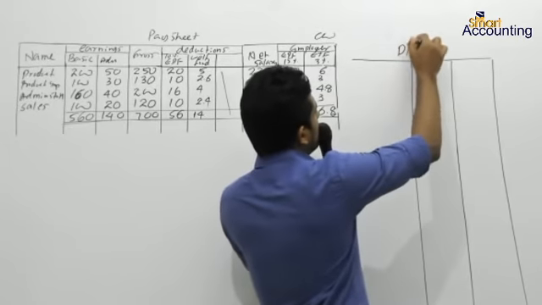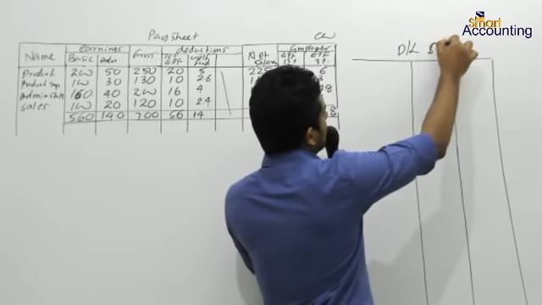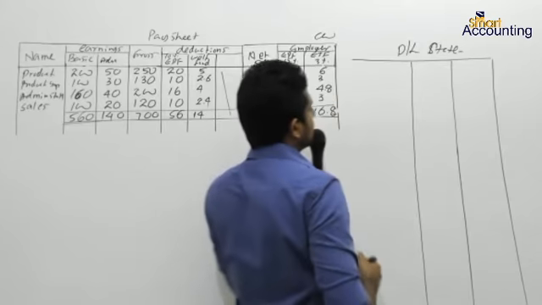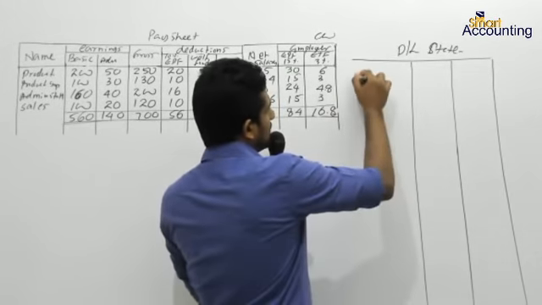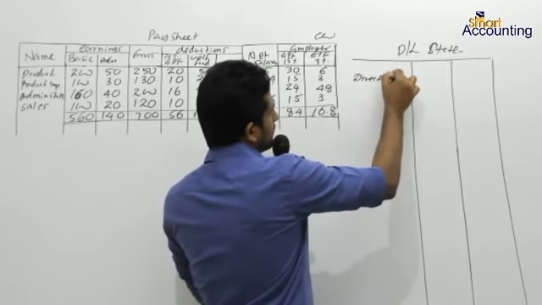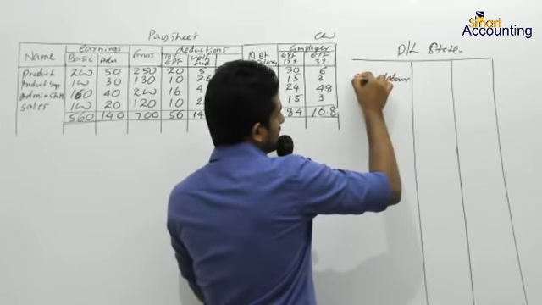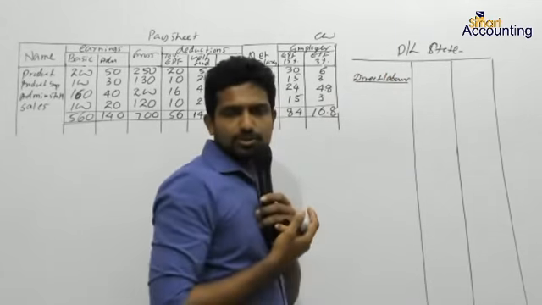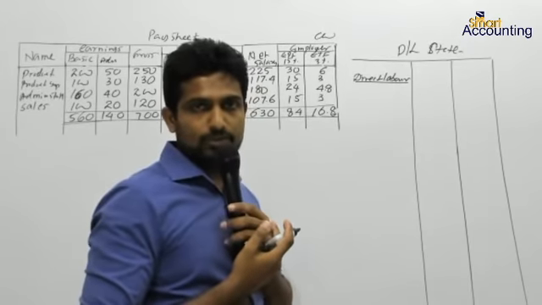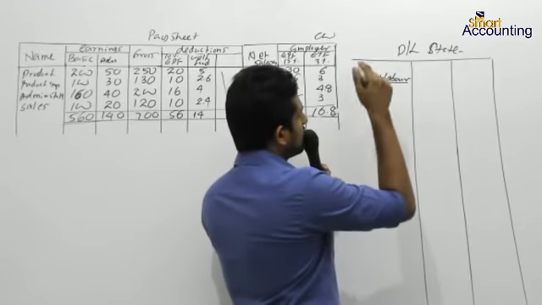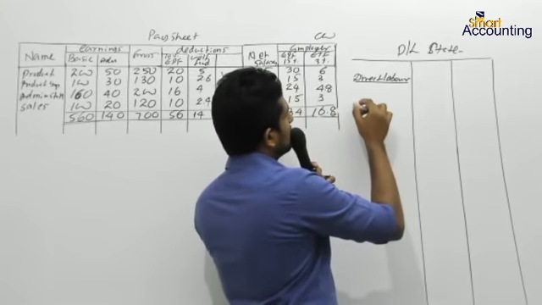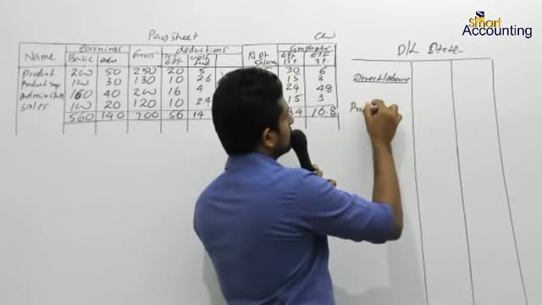If this is your profit and loss statement, in the manufacturing account, you know, the direct labor is there. In the manufacturing account, you show the direct labor cost. In the manufacturing account itself, there is production overhead cost.